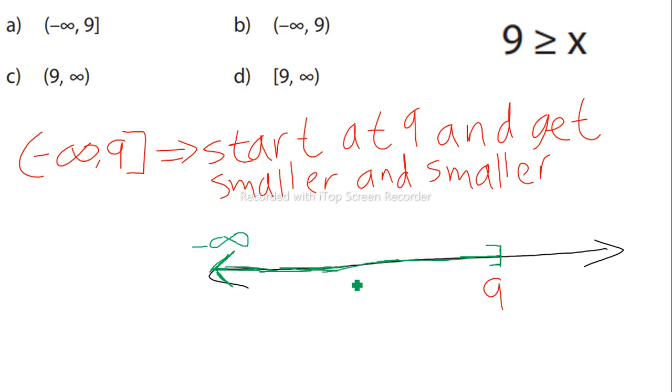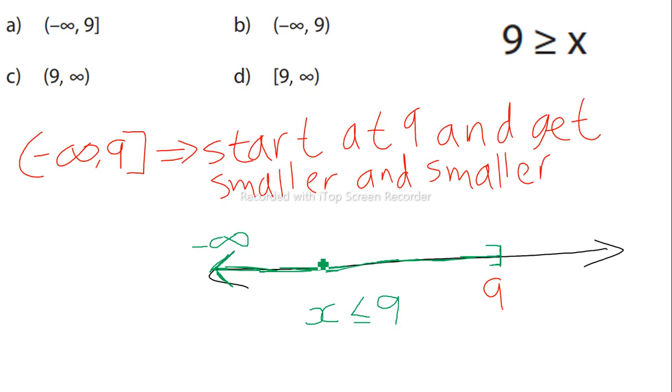So if we consider the numbers that are going to be inside the set, take any arbitrary number that you can think of in the set, call it x. That number is going to be less than or equal to 9.